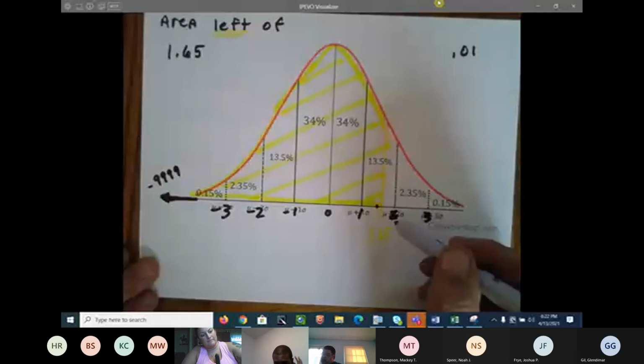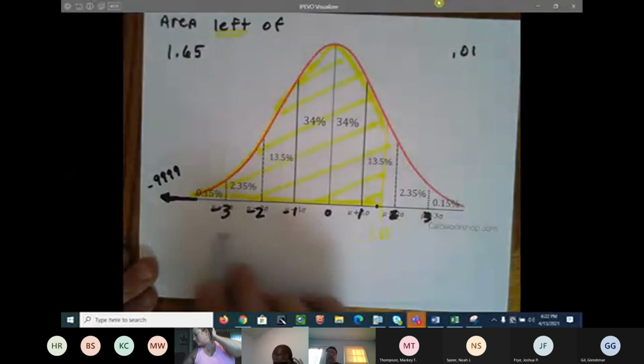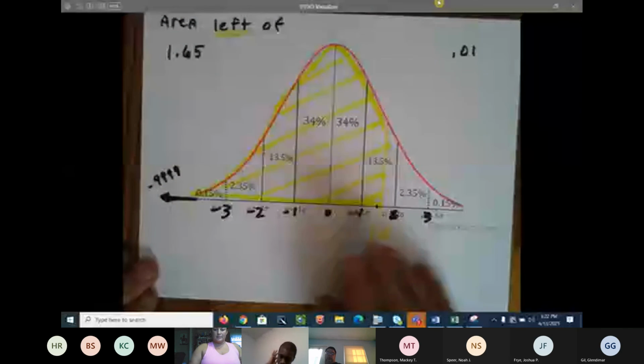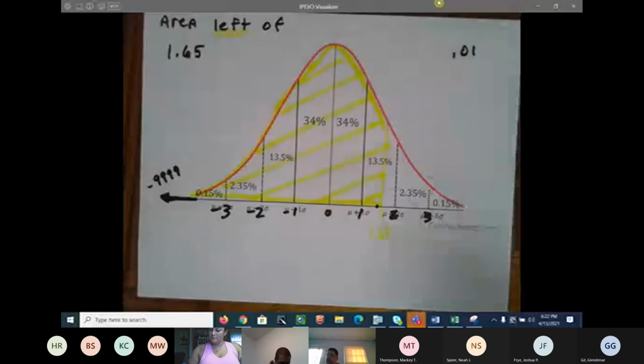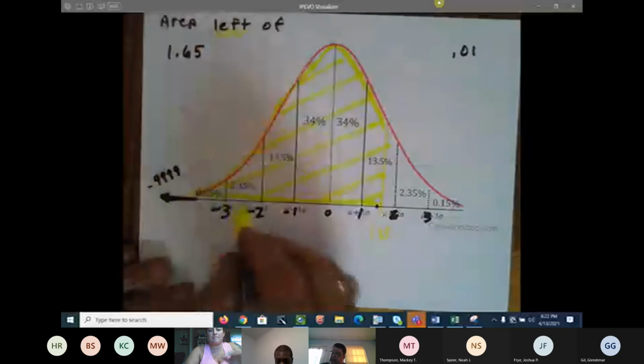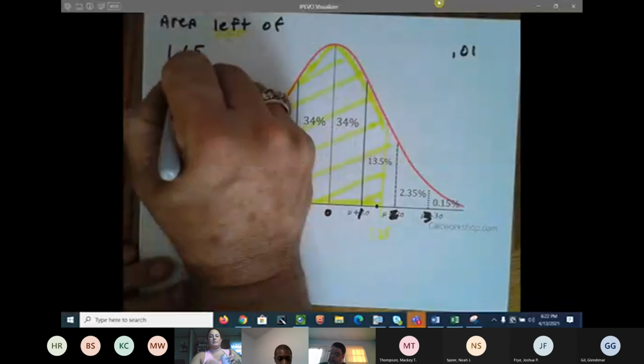Okay, so we've got this area right here. So I'm going to use my empirical rule, and I'm going to add up everything so I can get an estimate.